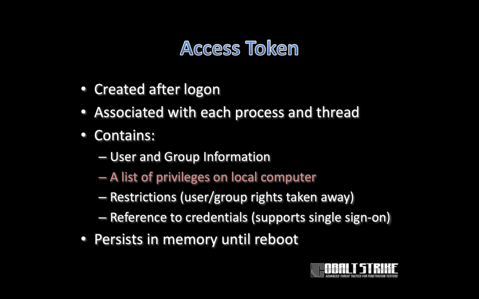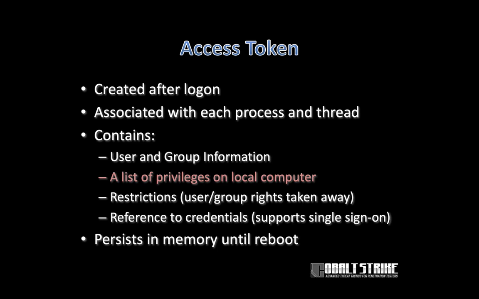The access token is a data structure managed within LSASS that dictates what you can and can't do. Every process has an access token associated with it. It is even possible for threads to have a different access token than their process. And that thread might be more privileged, it might be a different user, or it might be less privileged.